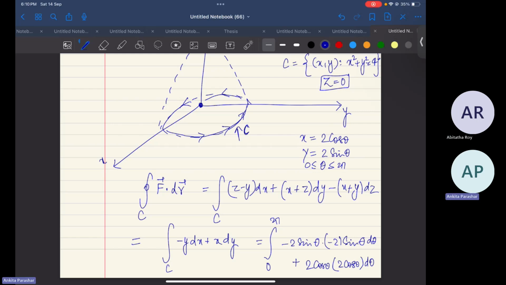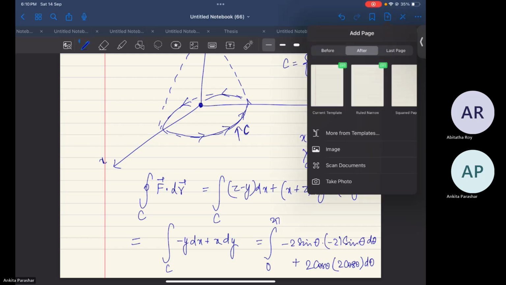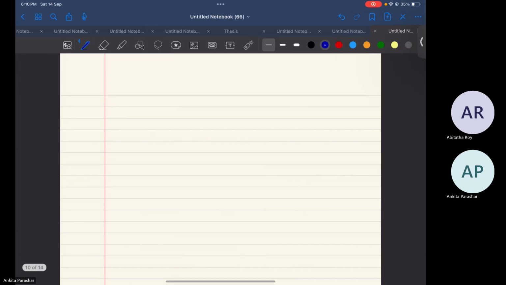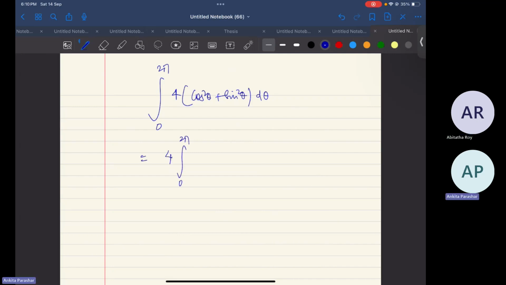So what is the integration? 4 times cos square plus sine square, from 0 to 2 pi. Are you getting it? 8 pi?